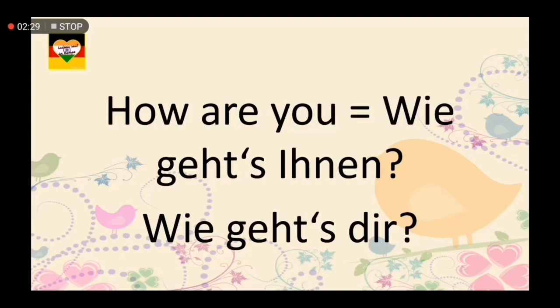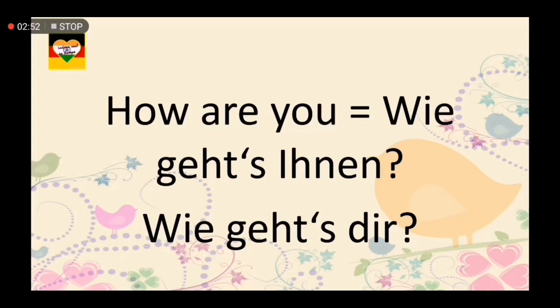So this is why Wie geht's Ihnen is used for a formal person. For example, if you are talking to your professor or any stranger whom you want to show some respect, then it's Wie geht's Ihnen.